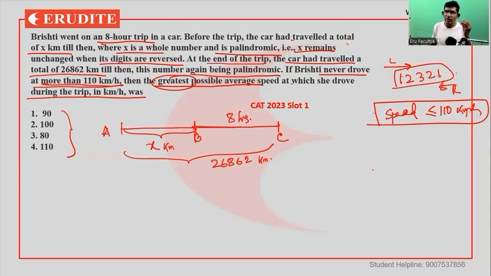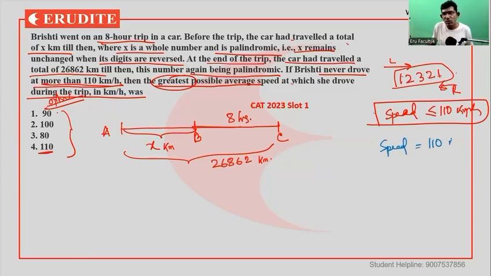Instead of getting into calculations, I will simply check with the options. That's the best strategy in this question. What is the greatest speed in the options? 110, which is also possible as per the question.